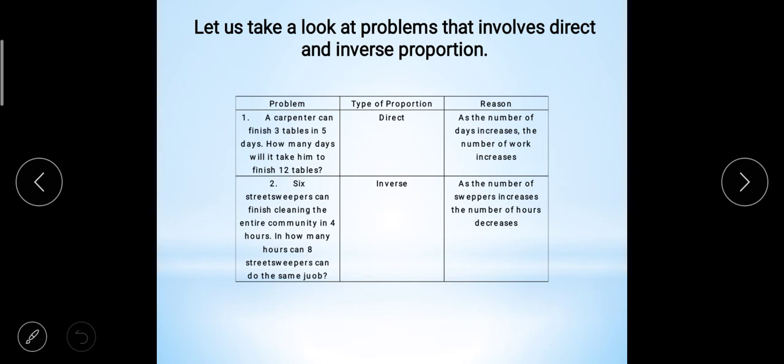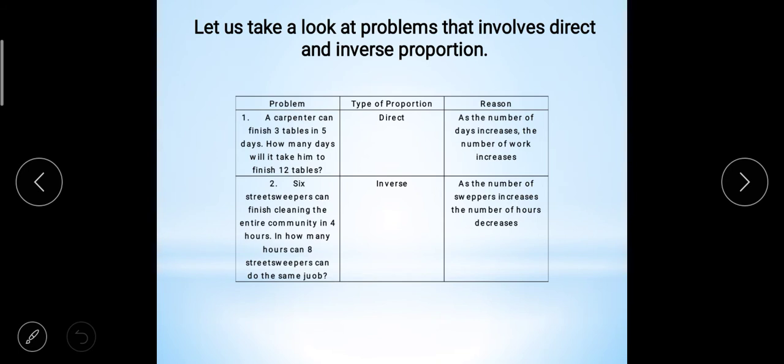So for this one, the type of proportion for problem number 1 is a direct proportion. So, ang reason, as the number of days increases, the number of work increases. Okay? So, halimbawa po, ang sabi, yung carpenter, kaya niyang makatapos ng 3 tables in 5 days.